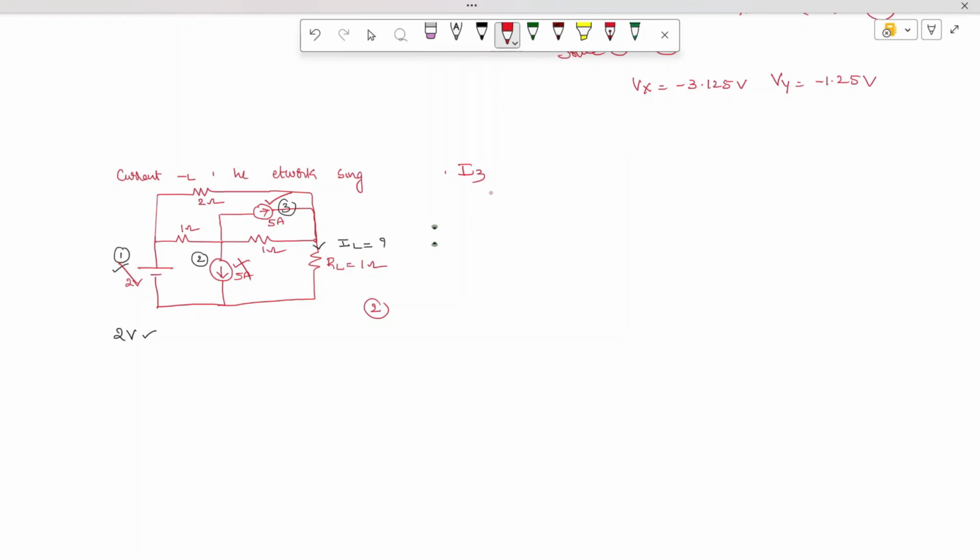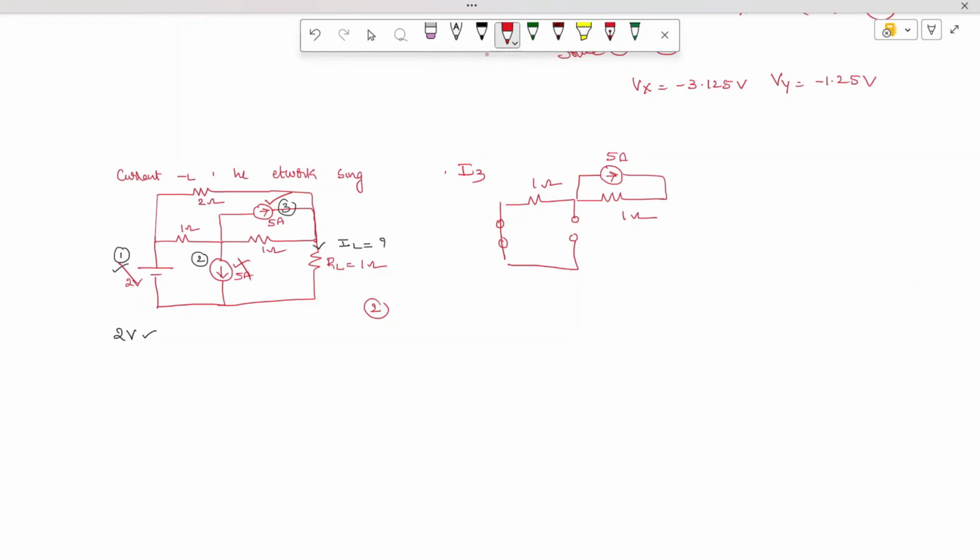Okay, so now I'm redrawing the network. This source is short circuited. Okay, and we are going to have a 1 ohm resistor, and this voltage source is also open circuited, and here you are going to have a 1 ohm resistor, and here you are going to have a current source with a current of 5 amperes like this.